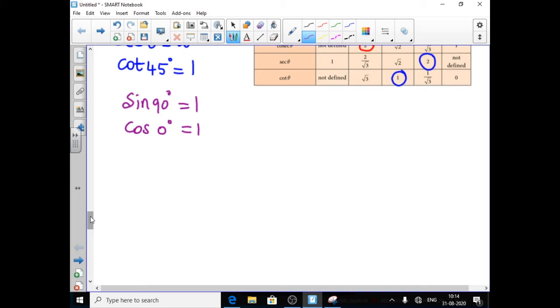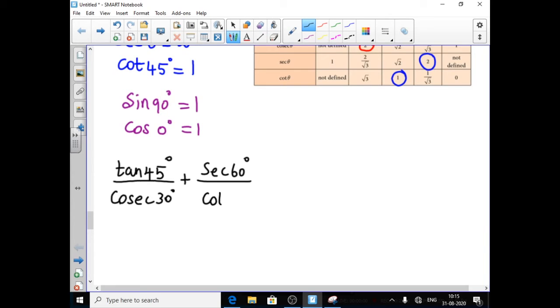So we are going to find the value, so we can apply that. Tan 45 degree by cosecant 30 degree plus secant 60 degree by cot 45 degree minus 5 sin 90 degree divided by 2 cos 0 degree.